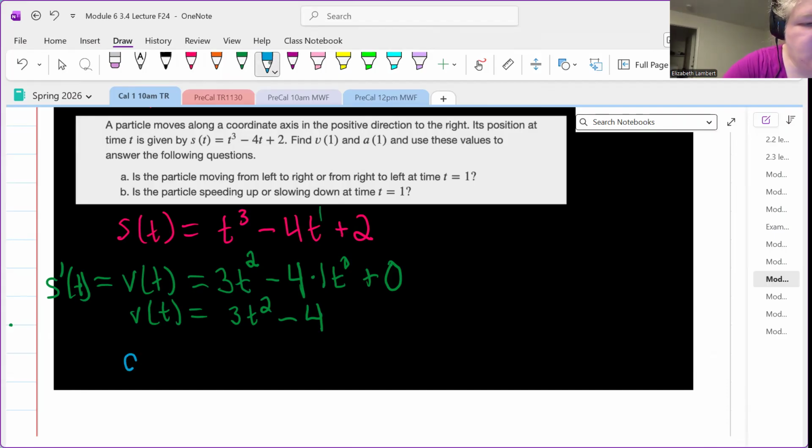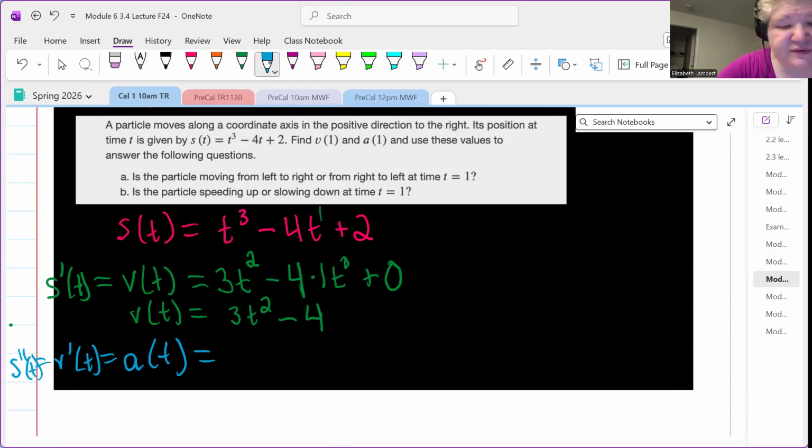Right, now our acceleration function, that is the derivative of the velocity function, which is the second derivative of the position function.